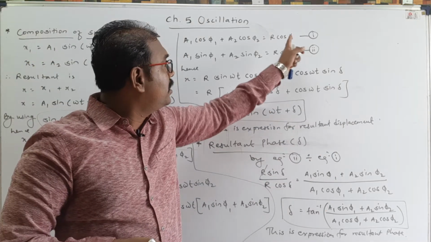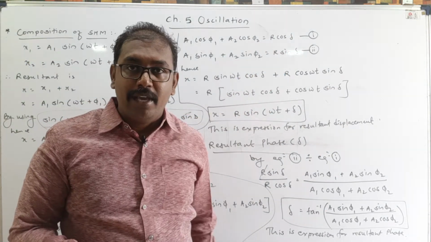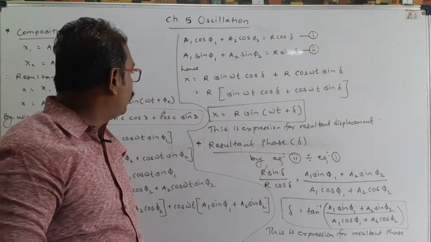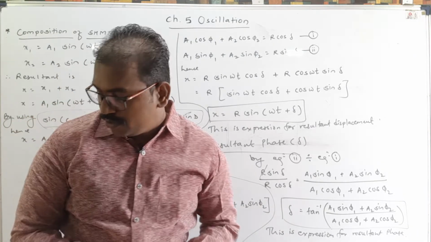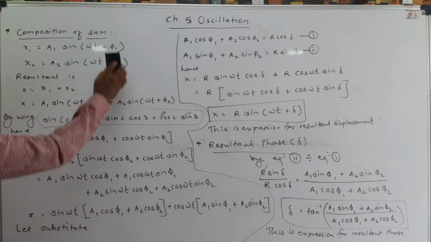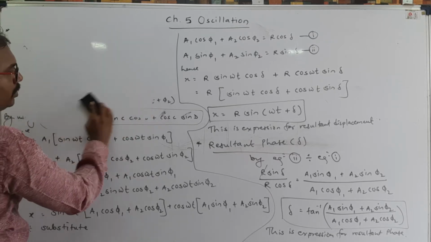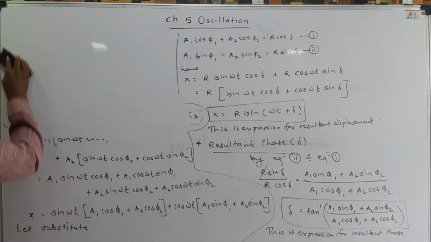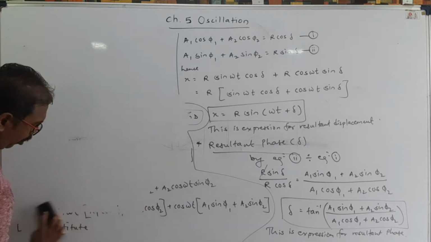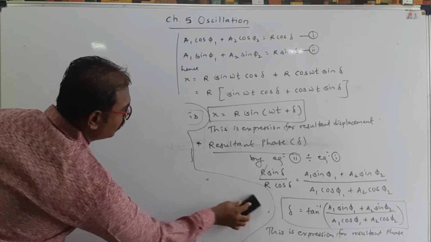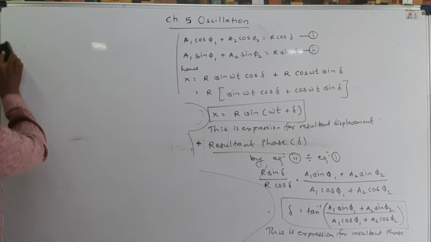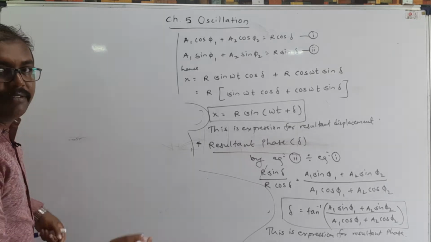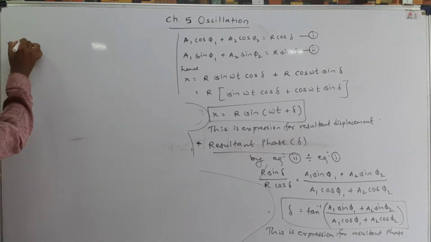Resultant amplitude means R; we have to obtain the formula of R. Now, we don't have space here, so I can erase this part. So by using equations 1 and 2 again, we have to obtain the expression for the resultant amplitude. I will give the heading here, resultant amplitude.